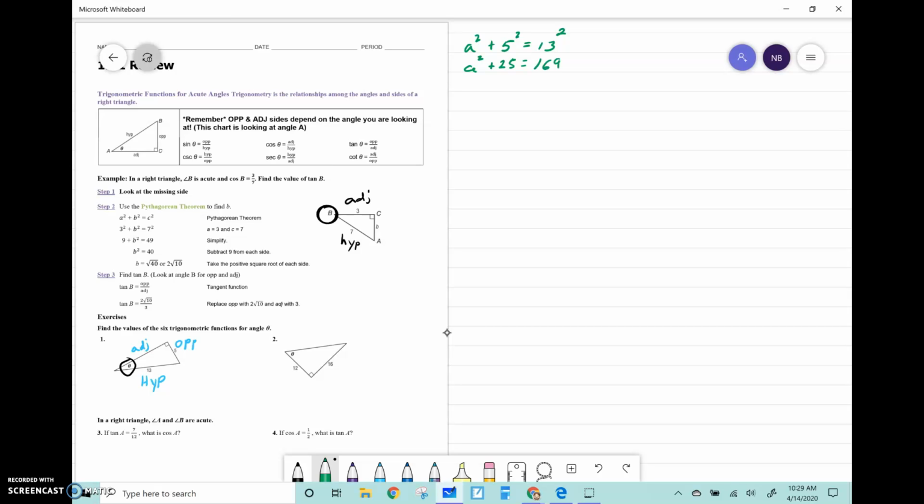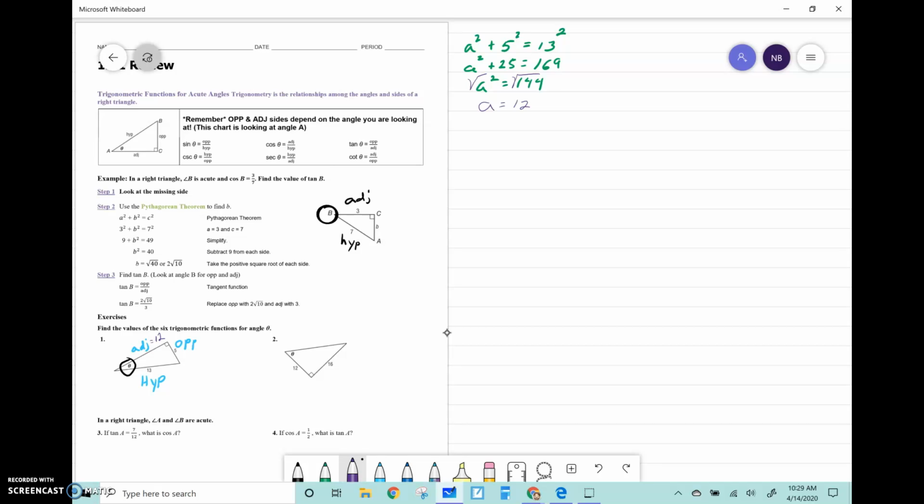At this point you do your basic algebra that you've done before, and you end up with a squared equals 144. In order to figure out what a is, we take the square root of both sides. The square root of a squared is just going to be a, and the square root of 144 is 12. So that means my adjacent side is 12. I'm going to come over here and put a 12 right there as a reminder.